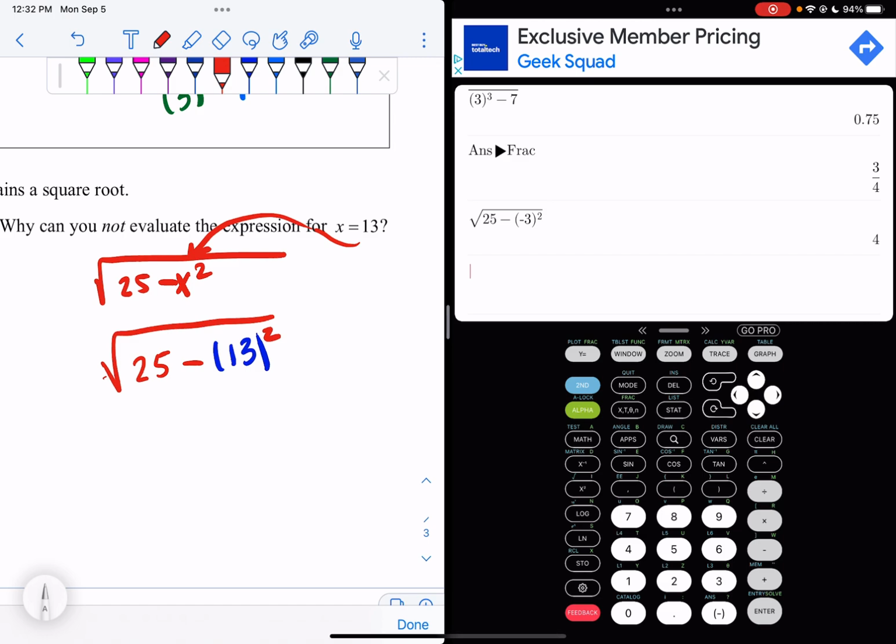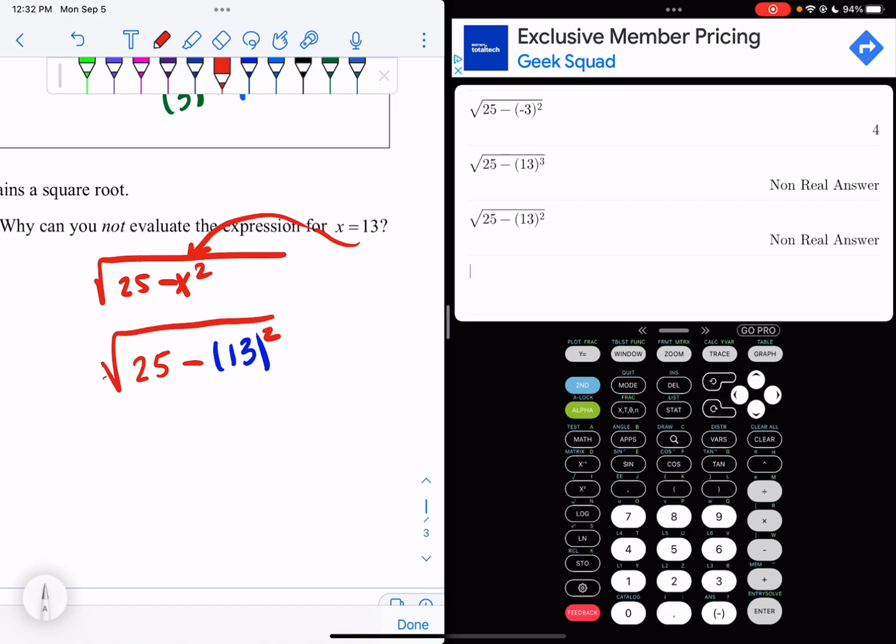Now, if we type this on our calculator, we're going to do second radical, 25 minus 13 squared. Oops, I did 13 to the cubed. Let me type that in again. Hit enter, and I get non-real answer.